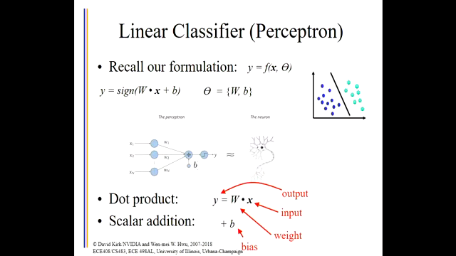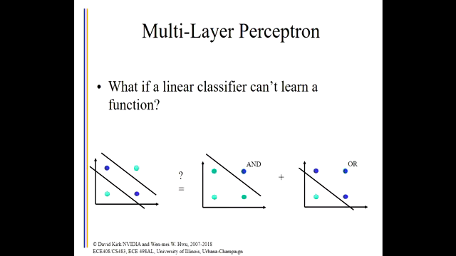You're going to see that again and again. The dot product and then a scalar addition is actually called the inner product, and there's a standard library function that does this in practical systems.